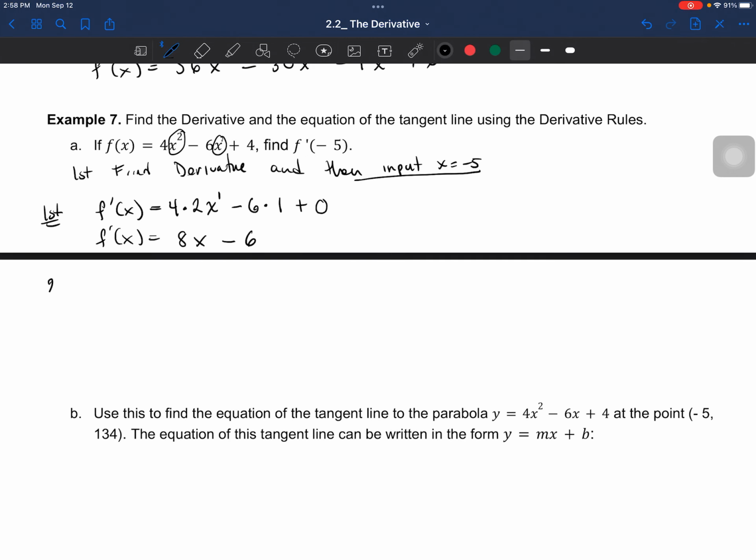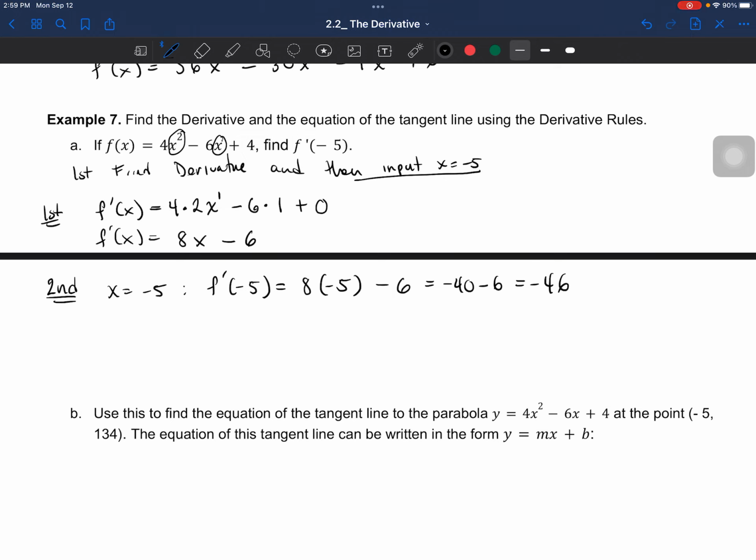All right, so the second part now that we found the derivative is to evaluate at x equals -5. So we have f prime of -5. Every place we find an x, we're gonna replace it with parentheses and a -5, minus 6. So this will give us -40 minus 6. That gives us -46.